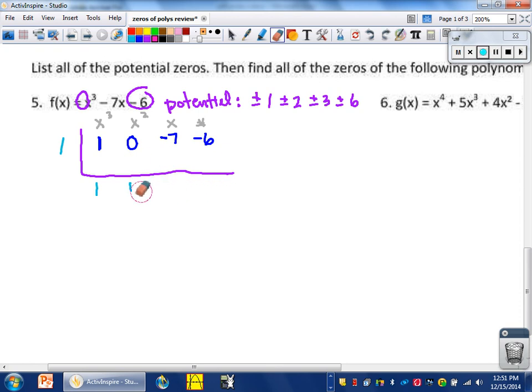We'll have to try something else. Try -1. Okay, -1 here, -1, +1 here, -6, +6, 0. So that's what we want. We want to have a remainder of 0, which means -1 will be one of our real roots. Okay, so -1 is definitely one of your answers.